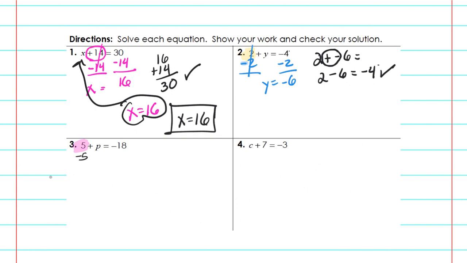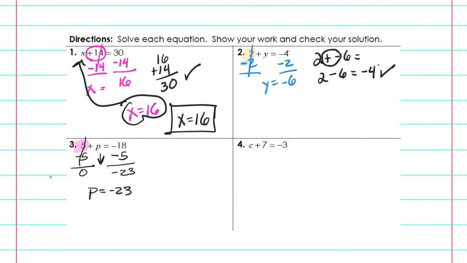If I subtract it from one side, I have to do it from both sides. The exact same thing. So make sure you write it here, prove that that's zeroed out. Negative 18 minus 5 gives me negative 23. Bring the rest of the information down. P equals negative 23.